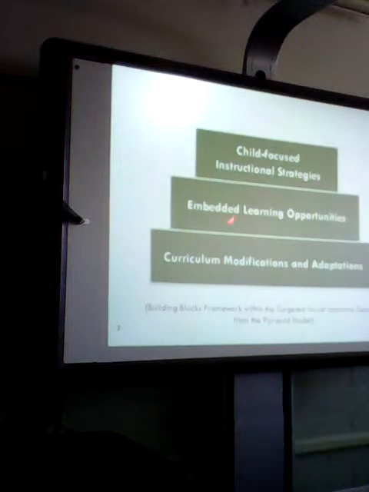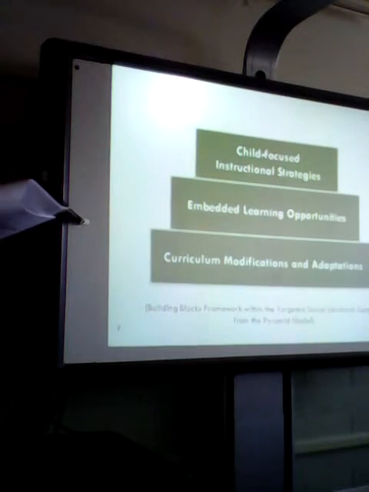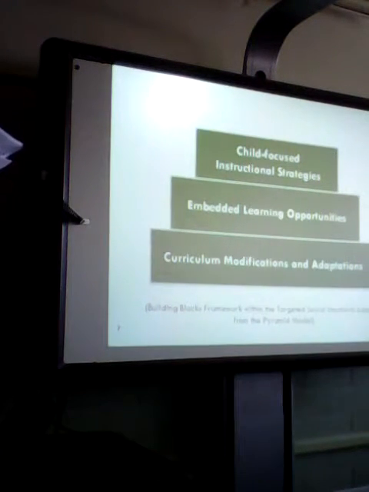We're going to have embedded learning opportunities. And really we're going to have child-focused instructional strategies. So how are we going to have targeted social emotional instruction in that level 2 of the pyramid? These are 3 tiers within that level 2.